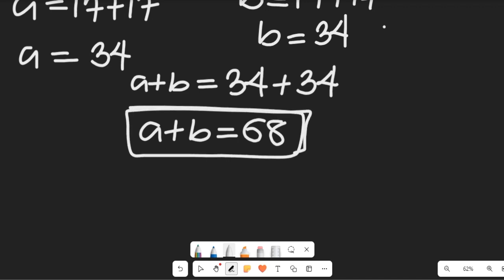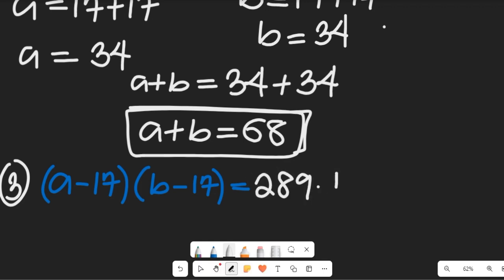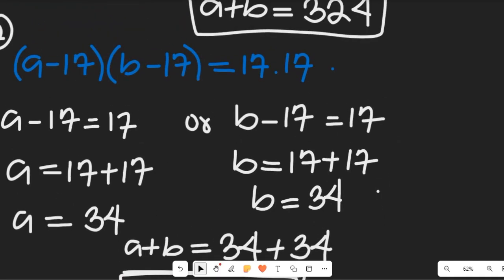Now in the third case, case 3, we can have A minus 17 and B minus 17, and this will be equal to 289 multiplying 1. The first one we did was 1 multiplying 289, right?